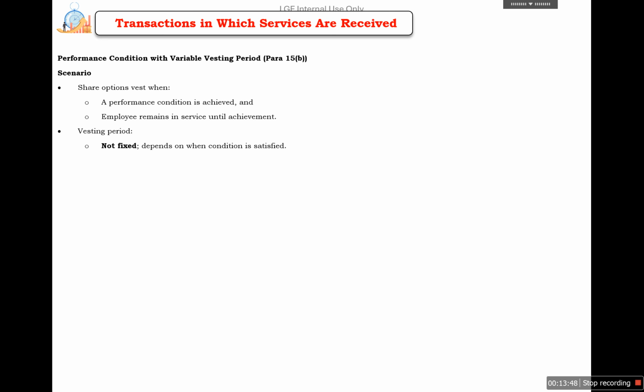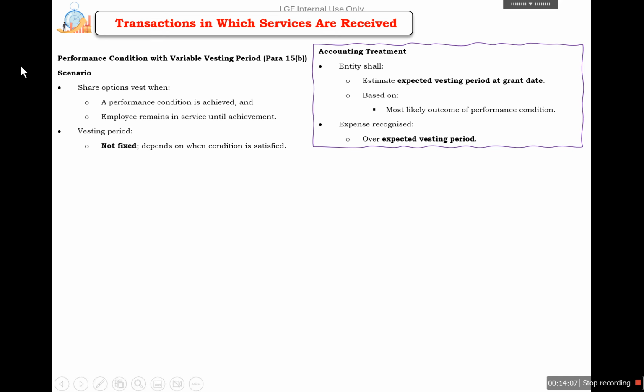Further, there may be performance conditions with a variable vesting period. For example, share options vest when a performance condition is achieved or the employee remains in service until the achievement. So there may be two conditions attached: performance, and the employee needs to remain in service till the achievement. Here the vesting period is not fixed; it depends on when the condition is satisfied.